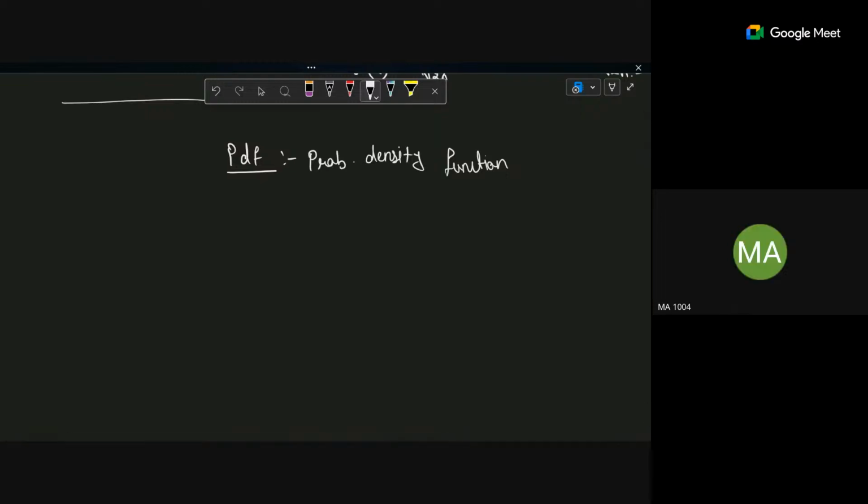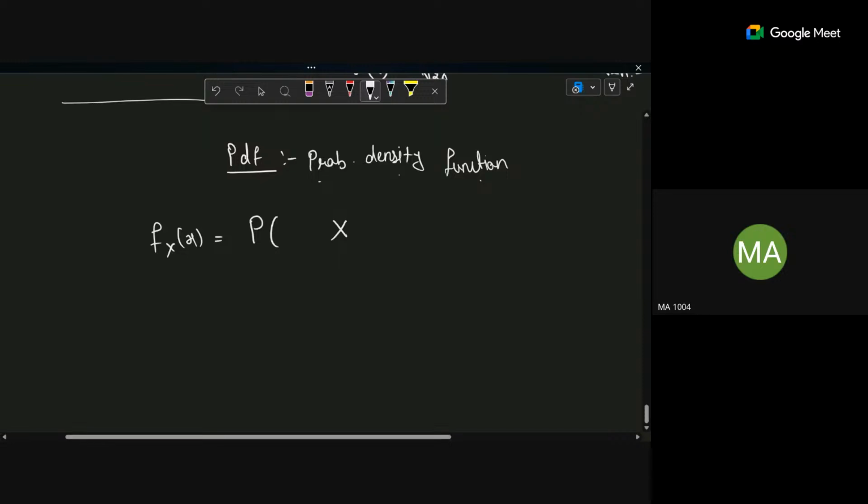Probability density function, this is what we write as f_X(x), our notation. It calculates the probability that your random variable X takes values lying between some point a and some point b. That's the probability density function.